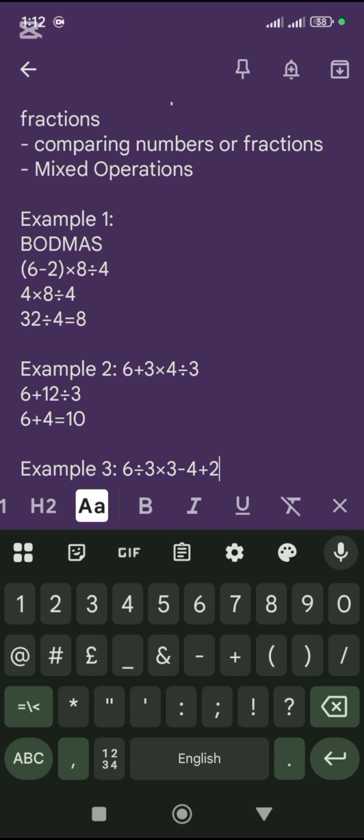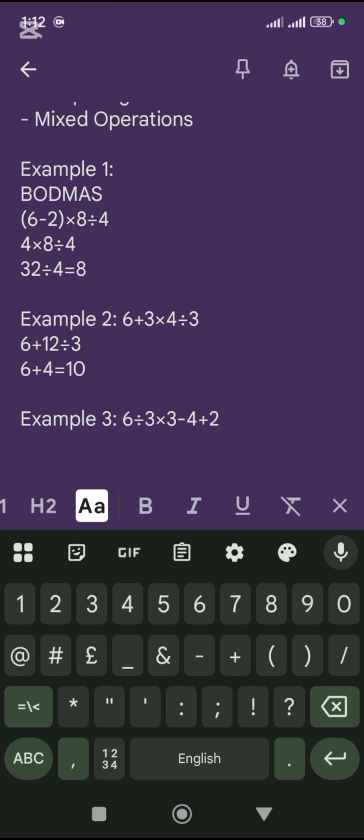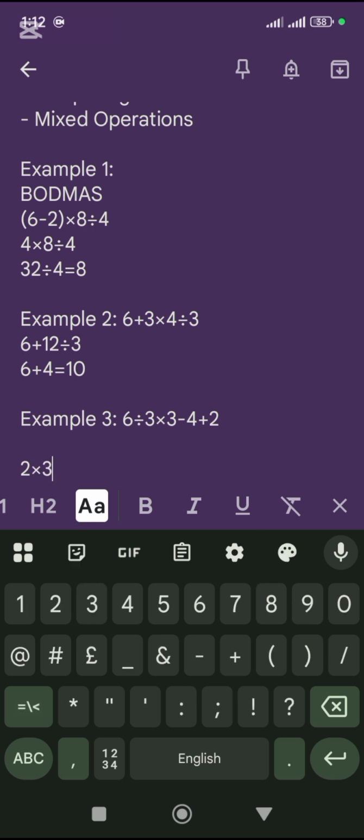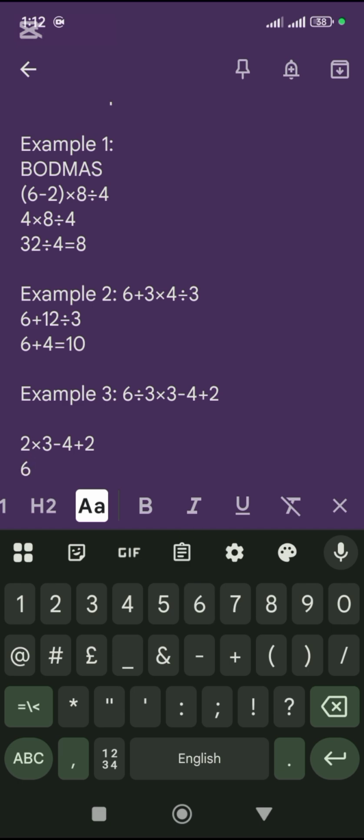Okay. You can see that the division and multiplication follow a sequence. And so I'm going to solve from left to right. 6 divided by 3 is 2, leaving me with times 3 minus 4 plus 2, right? And 2 times 3 is 6 minus 4 plus 2.